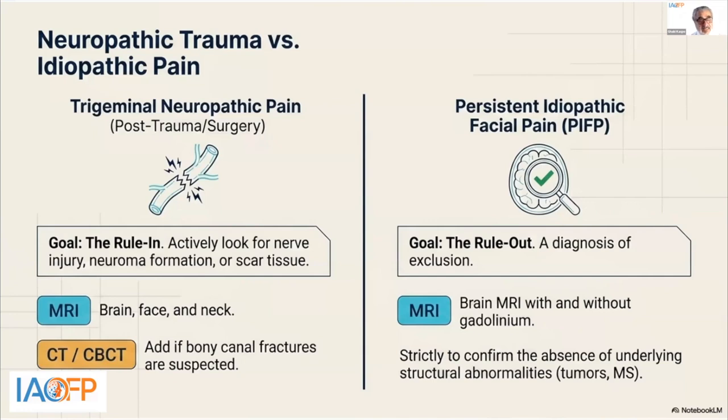The CBCT is not for the soft tissue, we know that, but an MRI of the brain, face and neck will be recommended. Idiopathic facial pain is a diagnosis of exclusion, using MRI to rule out tumor or demyelinating diseases like multiple sclerosis. So we should find the cause versus exclude the cause.